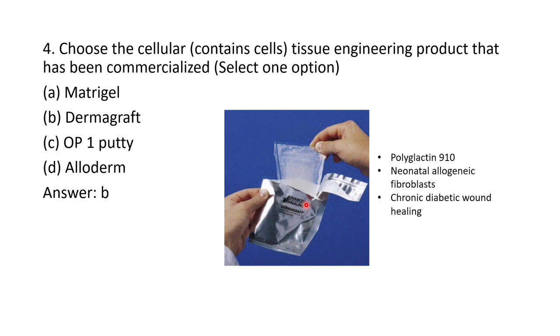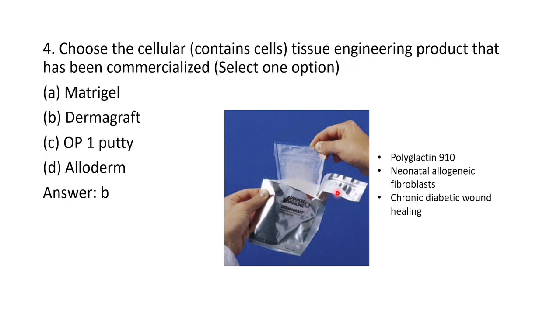And this is called a cellular tissue engineering product because it contains neonatal allogenic fibroblast cells. We also saw about fibroblast cells in the last session. Fibroblast cells or keratinocyte cells, both of these cells are invariably used in this particular graft to produce this product.